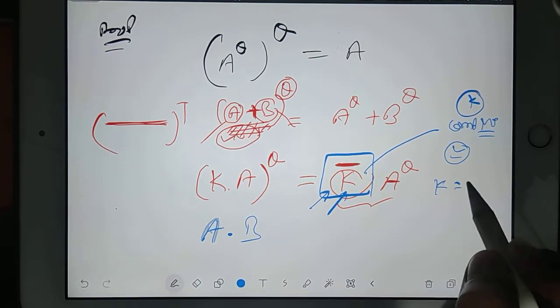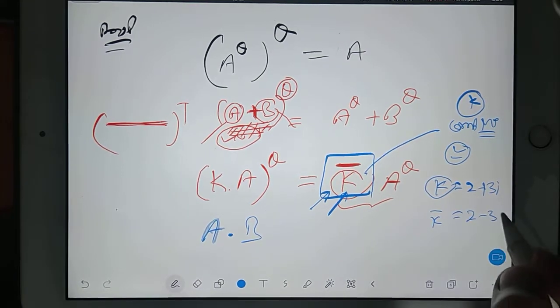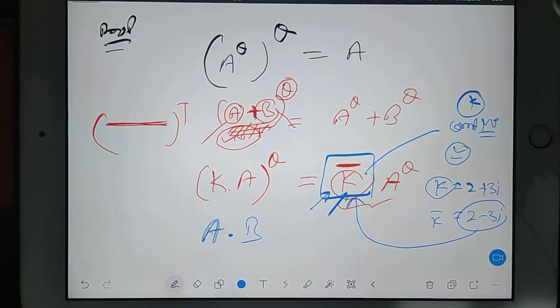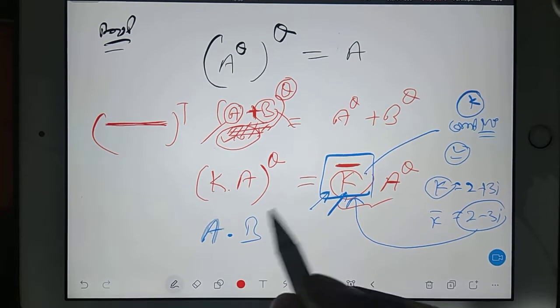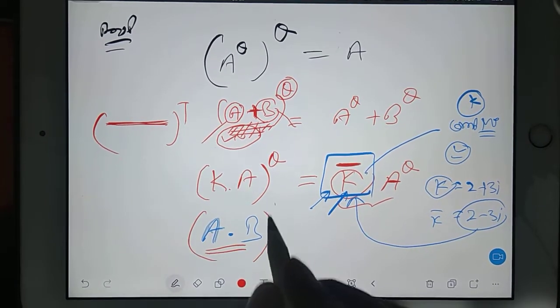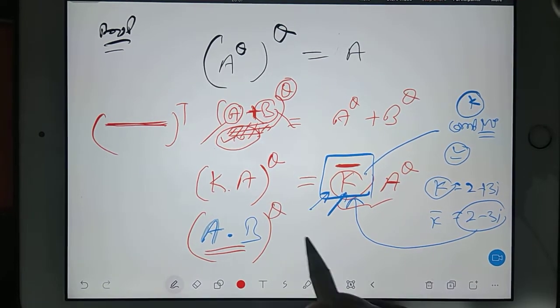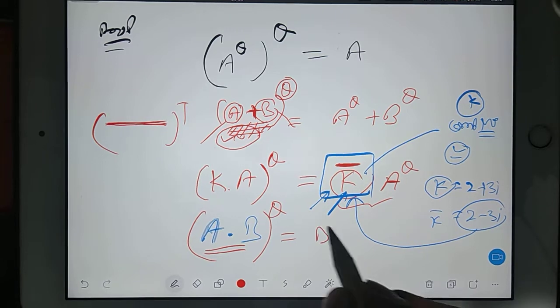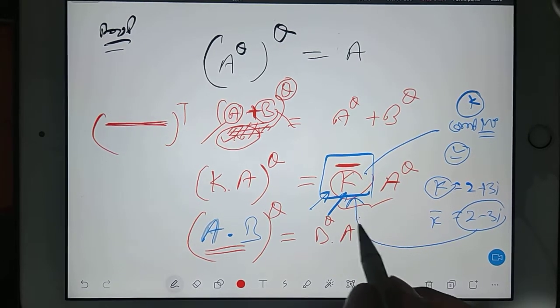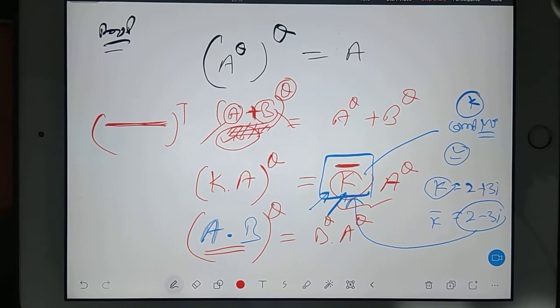Actually the k will be something like 2 plus 3i. Then you have to find k bar, that will be 2 minus 3i. This 2 minus 3i you have to put here. Now if you have A times B, then if you go for theta here, the answer will change. The answer will change, meaning B will come first with theta, then A will come, theta.